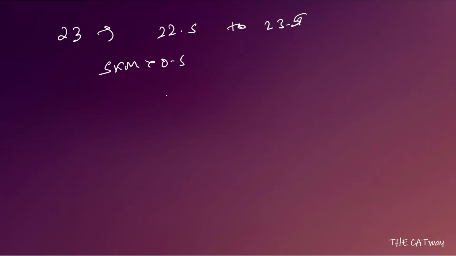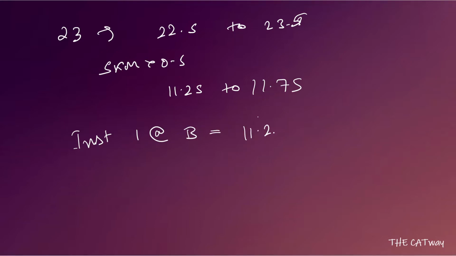So 22.5 would give me 11.25, and 23.5 would give me 11.75. So for instrument 1 at the rate B, we have 11.25 to 11.75.